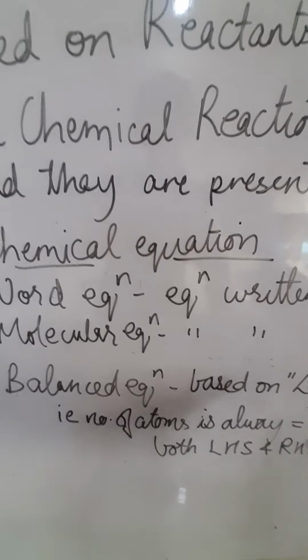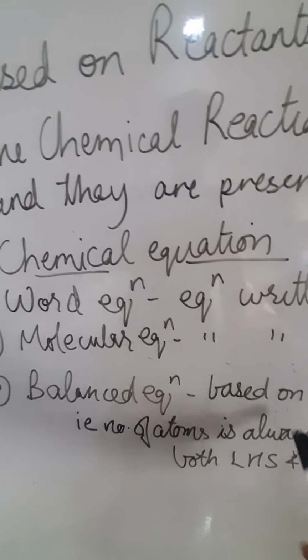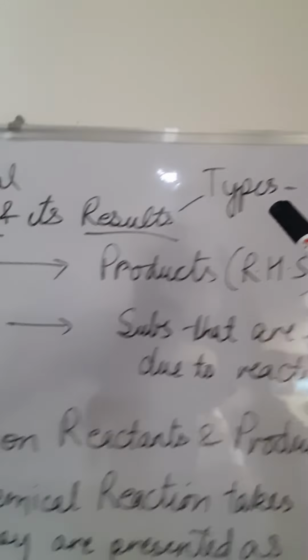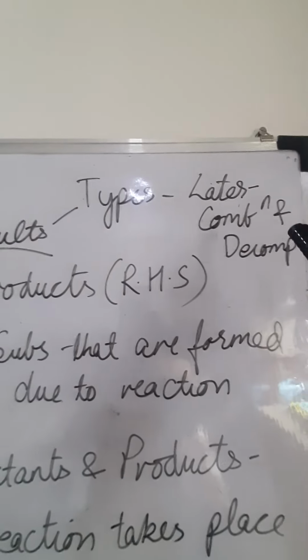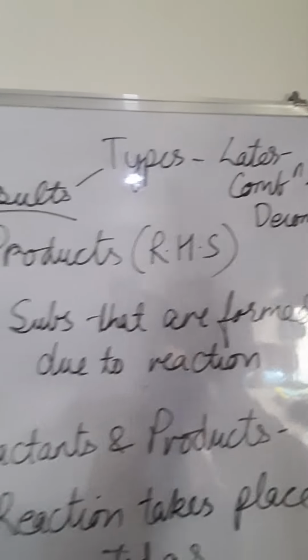We have to balance and write the number of atoms present, which should be equal on both the left hand side and the right hand side. The types of chemical reactions will be dealt with later, like combination, decomposition, that is breakdown, synthesis and all that.